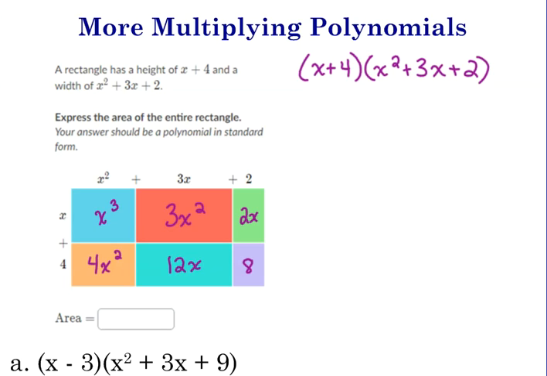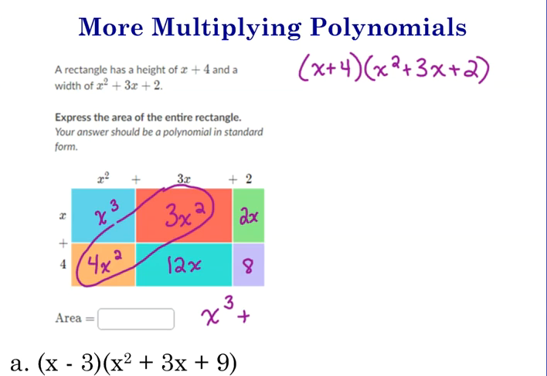X times x squared, x cubed, is the area of that blue square right there. 3x squared is the area of this red rectangle right here, because we took the height times the width and we got the area. Then we just need to combine like terms. I'm going to add these up. So we've got x cubed.